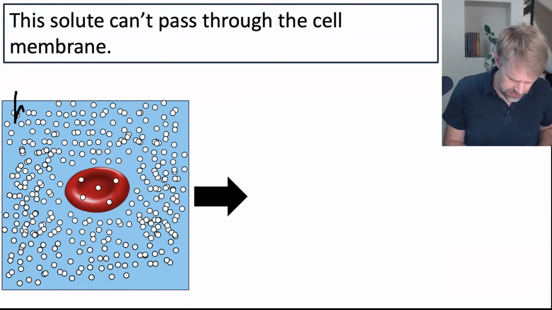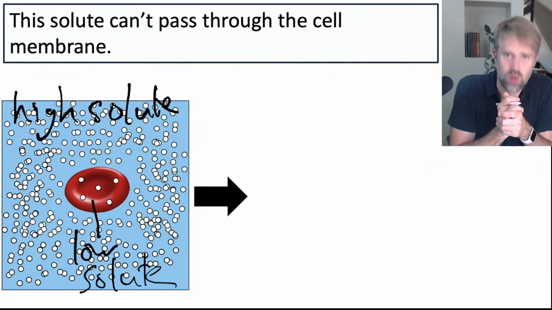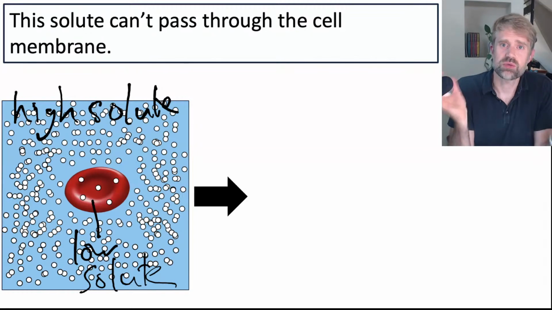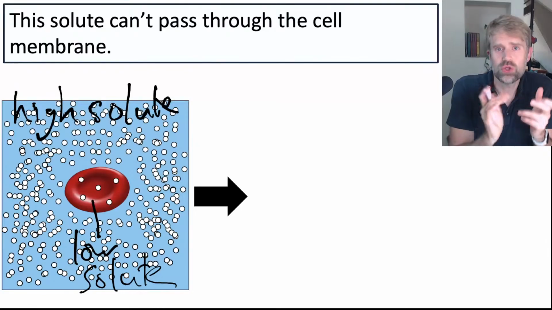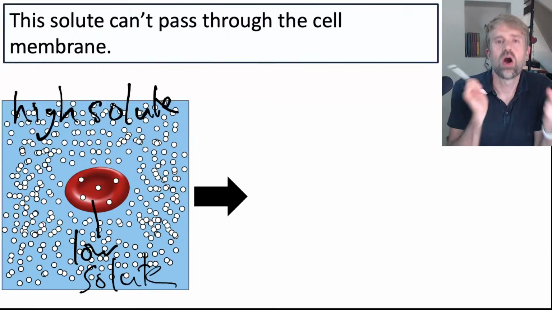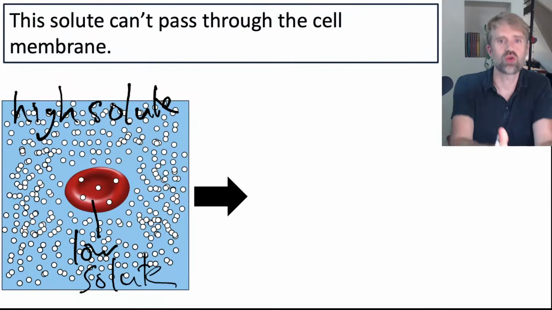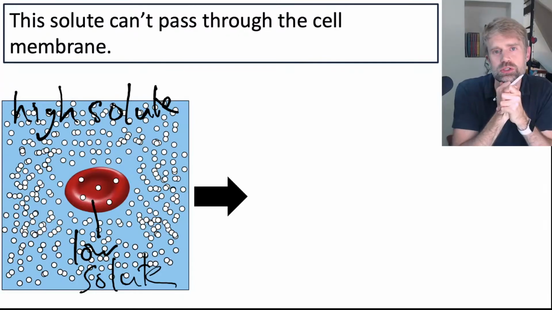Here we have, outside the cell, a high concentration of solute. Inside the cell, we have a low concentration of solute. What's going to happen? Well, this again is a solute that can't pass through the cell membrane. When solute can't pass through the cell membrane, osmosis happens. And in osmosis, water is drawn towards high solute concentrations.